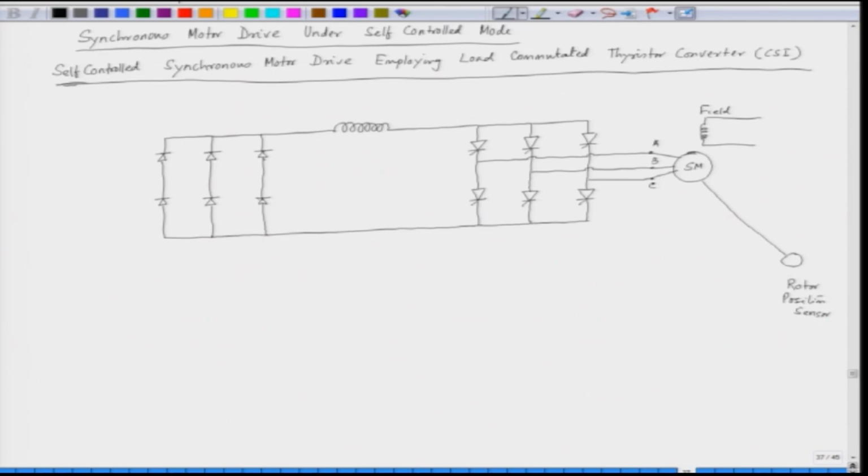Now, the input converter also has SCRs. The input is supplied from the 3 phase AC. We can call these phases A prime, B prime, C prime. This is the 3 phase AC supply.